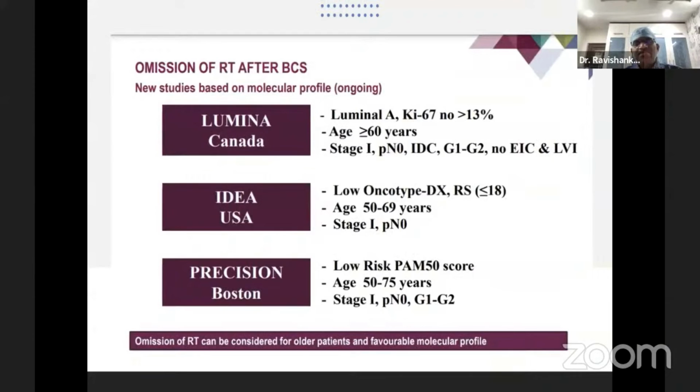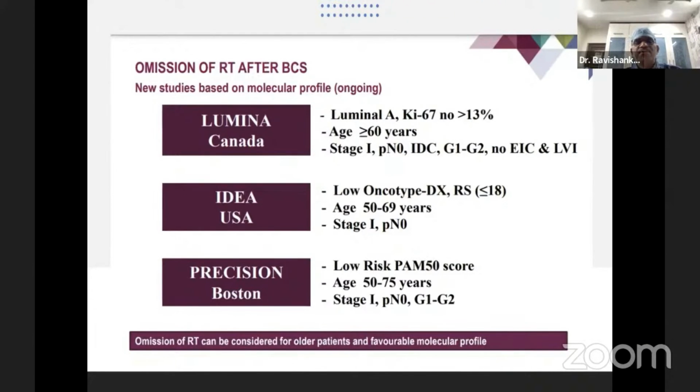As I mentioned in my talk initially, is there anything by which you can avoid radiation, like how the Oncotype DX risk score tells you that this patient does not require chemotherapy? Like that, we do have some trials like LUMINA from Canada, IDEA from USA, and PRECISION, but the data is very limited. These trials looked at post-BCS patients with stage 1 disease, N0, high expression of ER/PR and so on.